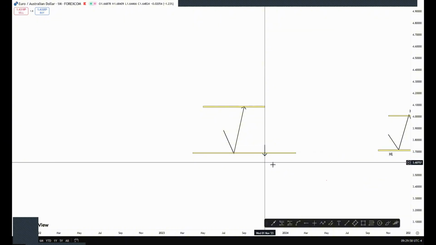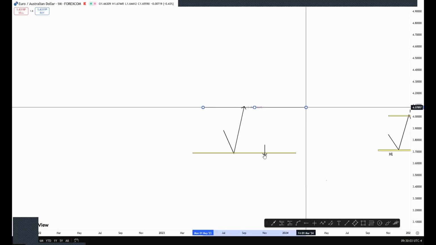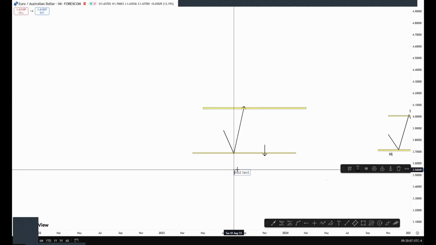Okay, so that's the main rule: we only go bearish when price breaks below the higher low.